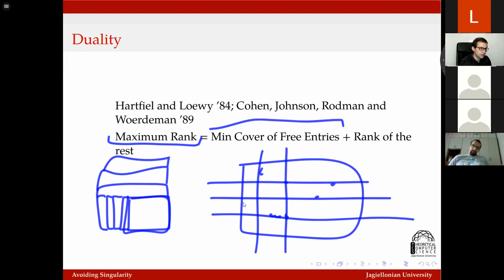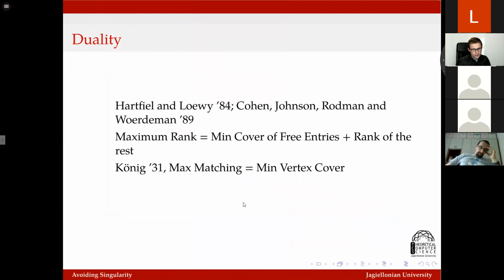Some of them have some free entries, but at each point you get +1, right? So there was some rank here, and for each added column the rank increases, and for each added row also the rank increases. So this is the duality in this problem.